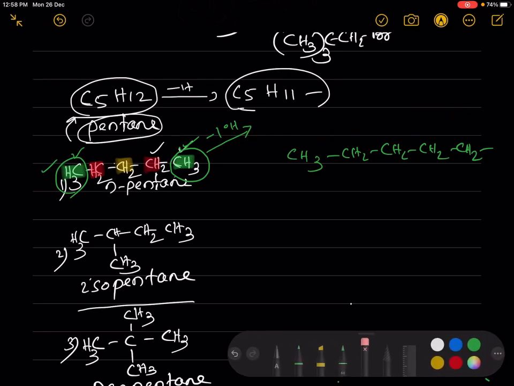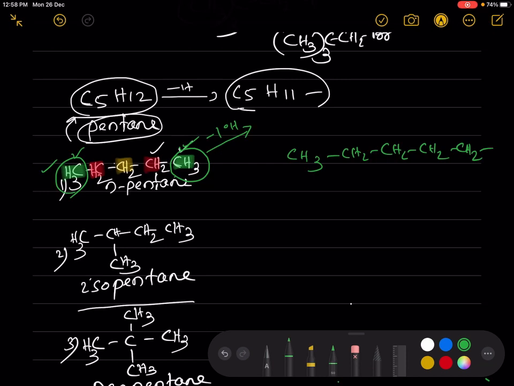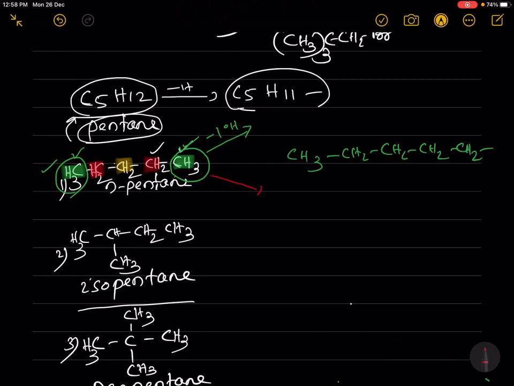Then you can remove a hydrogen atom from the red color carbon, and it is your secondary carbon. You can remove one secondary hydrogen atom, so you can remove from this carbon or this carbon. Let me write the structure of N-pentane.